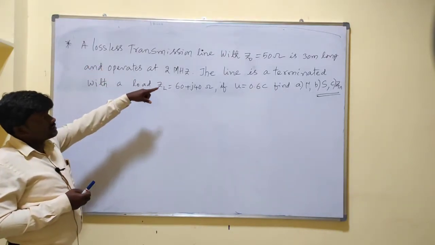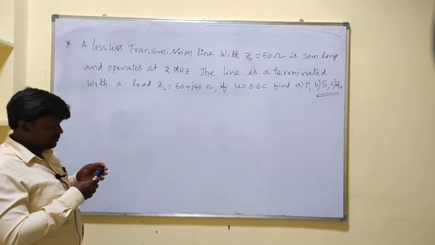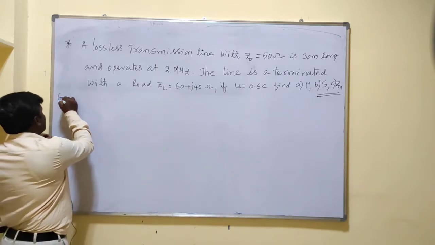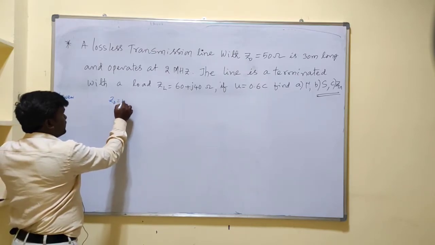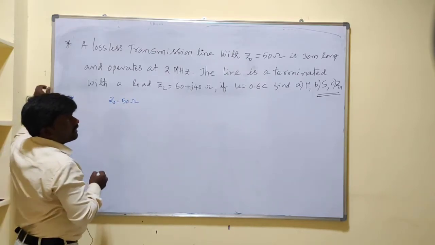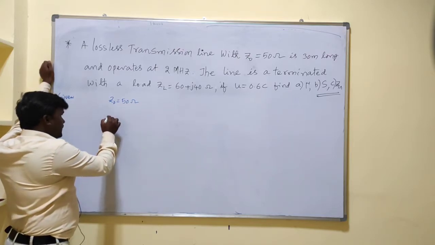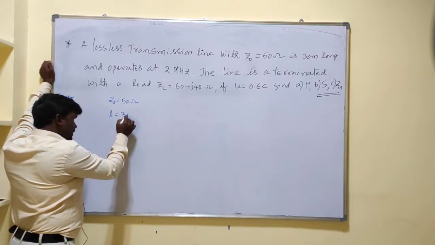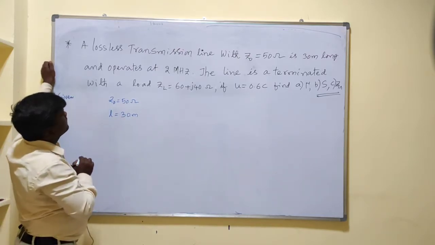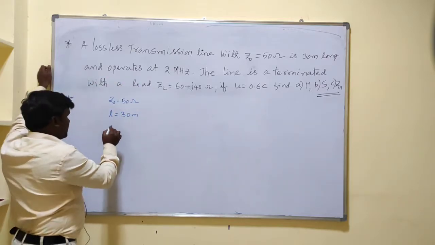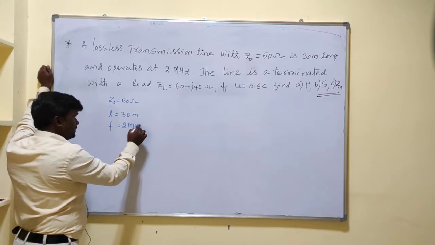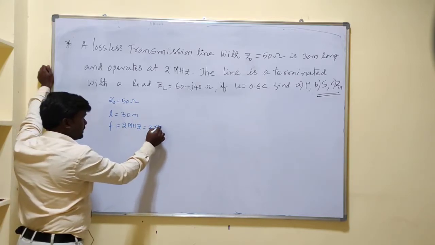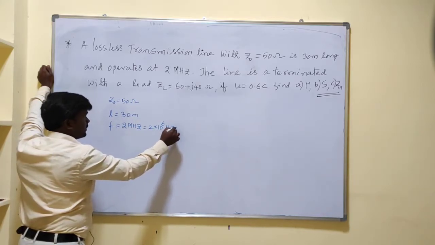A lossless transmission line with Z0 equal to 50 ohms is 30 meters long, meaning the length of the line L is 30 meters, and operates at 2 megahertz, that is, the frequency is 2 into 10 to the power 6 hertz.